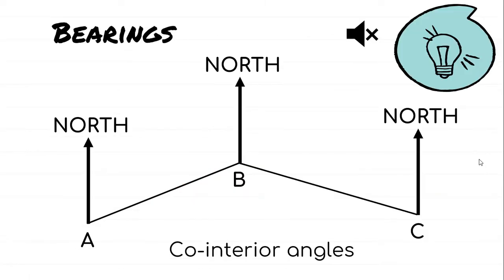I'm going to talk to you now about co-interior angles. Now, we're not going to panic about co-interior. Interior, if you're an interior designer, you design the inside of a house. And interior just means inside.